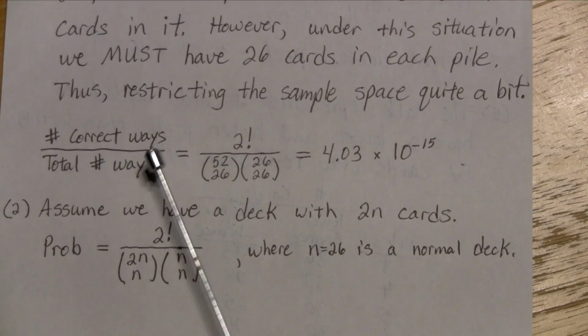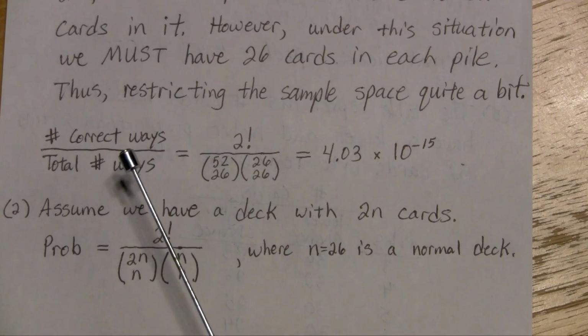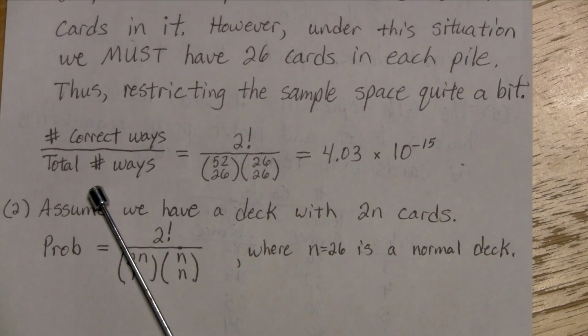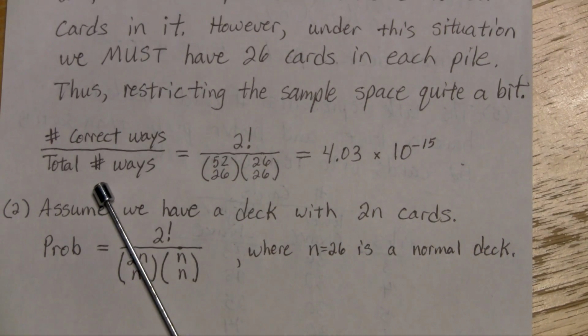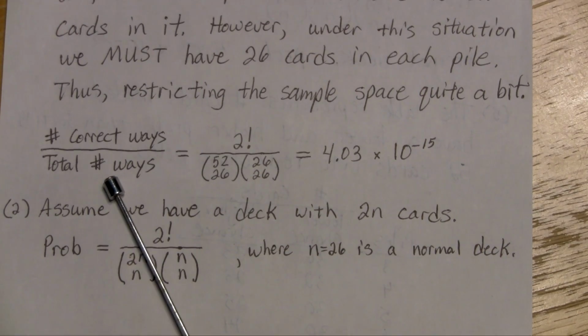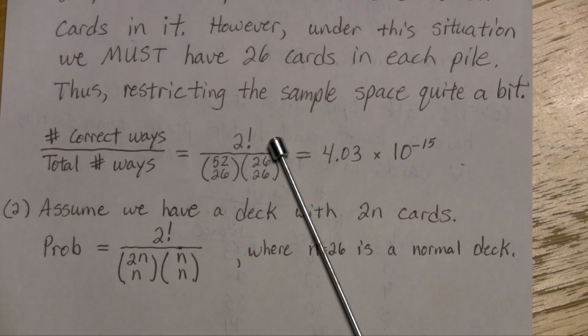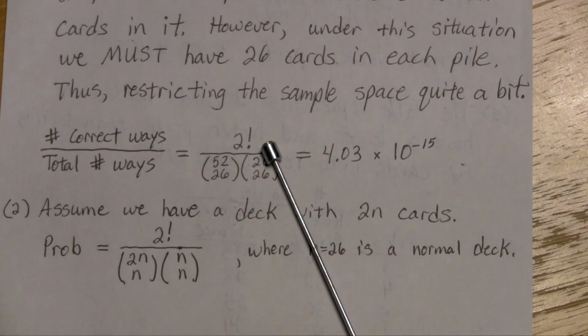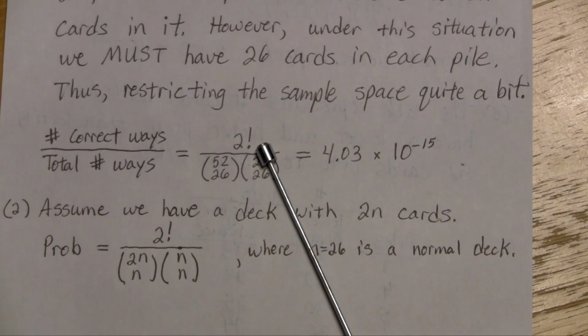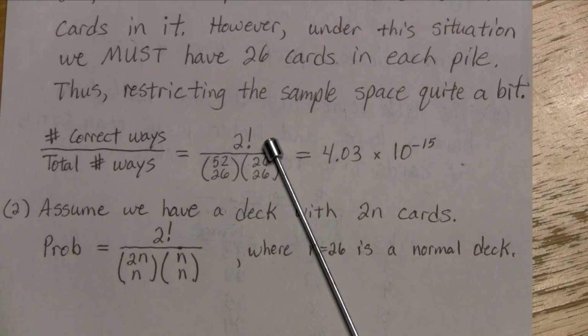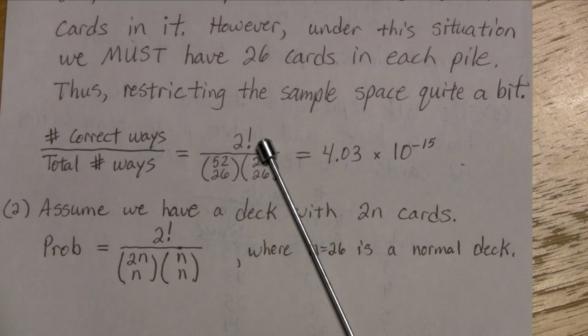So here's the correct probability. It's the number of correct ways to have sorted piles over the total number of ways to sort a pile. Now the numerator is 2. I put 2 factorial, but it's the same number, because you can have the reds correctly sorted on the left and the blacks on the right, or the blacks on the left and the reds on the right. So there's only 2 ways to have correctly sorted piles.